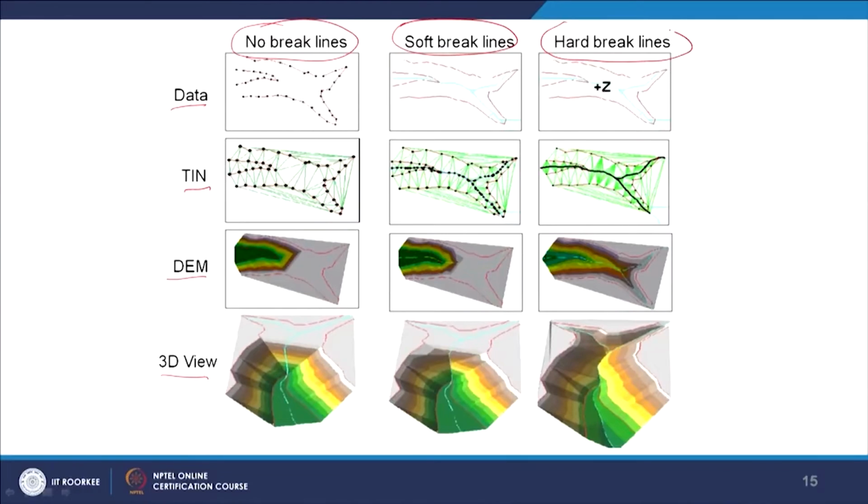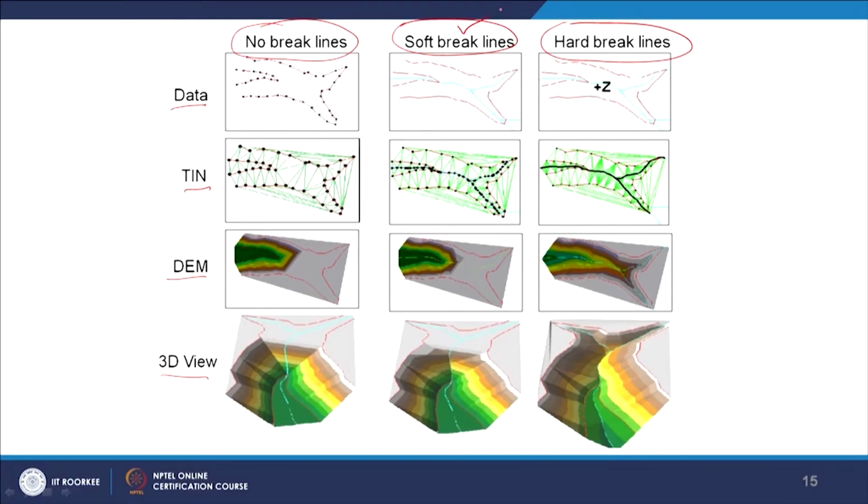If I know by some means that it is impossible for water to flow across that ridge or dike, then while creating a surface I will go for the option of hard break lines. But if I know that the vertical feature or dike allows some water to flow, then I would call it a soft break line.